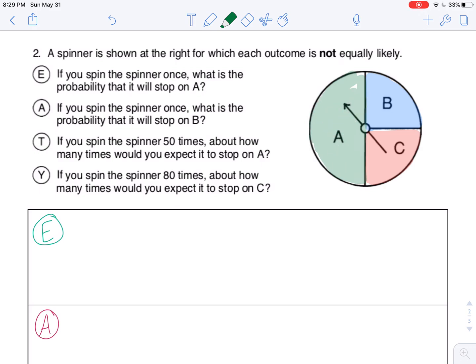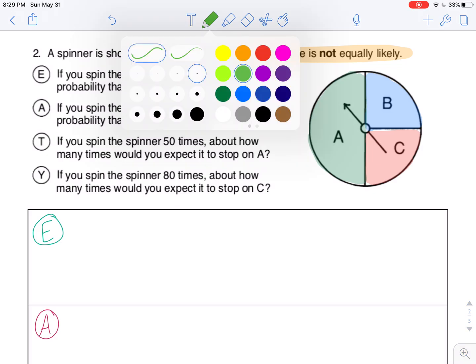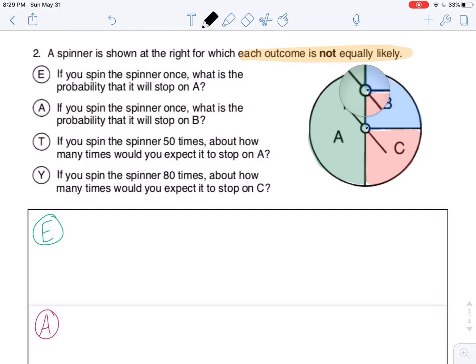So we did a spinner problem on last week's assignment, and you're immediately going to notice that the outcomes are not equally likely. They're not equal sized, and that's up there on the top. I just highlighted that in yellow-orange. So you don't have an equal chance to land on A as you do on B. We can decide to split this so that each section is equal size. That's absolutely fine. Or we can leave it and we can still make all the math work.